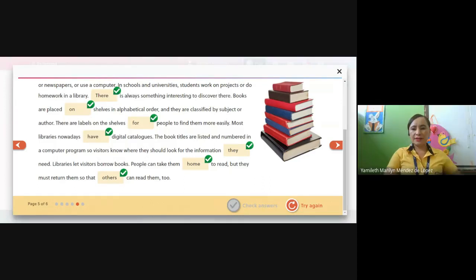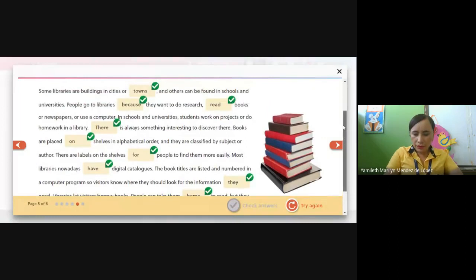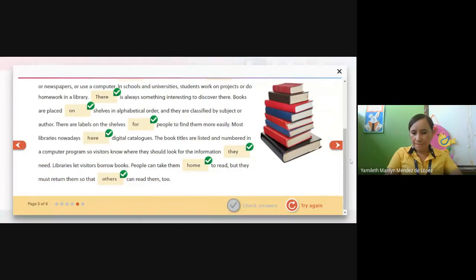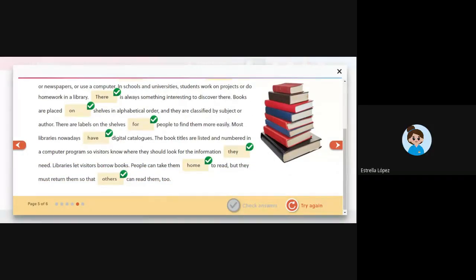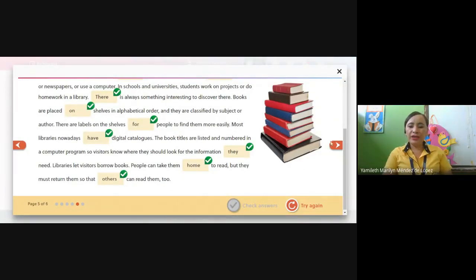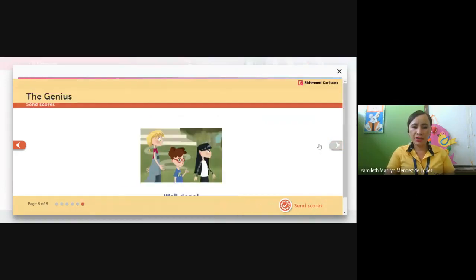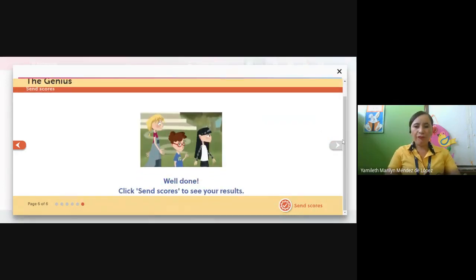Estrella said that it is easy for her. Well, did you finish? Yes, teacher, I finished. Very good. When you finish, you are going to click on next page. Then here you are going to find a message for you. Well done. Click send scores to see your results.